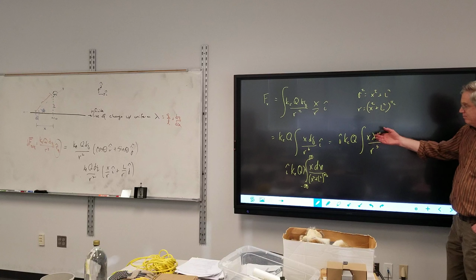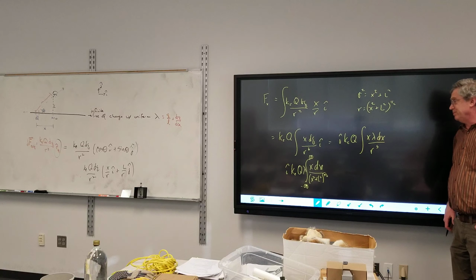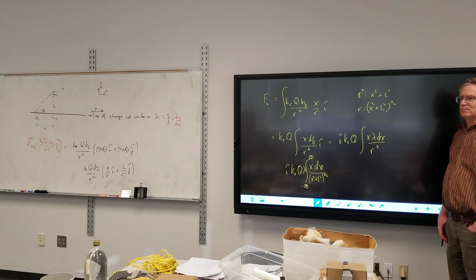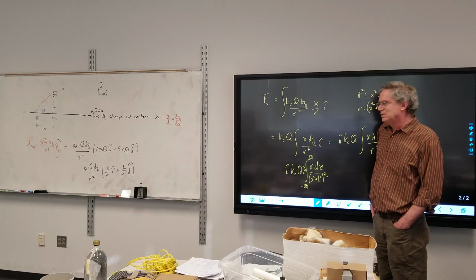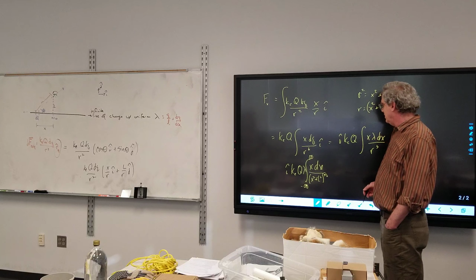All right, so how do we solve it? I think u substitution would cancel the top x, so I think u substitution would be a good start. What are we substituting in there? u for x squared plus L squared.